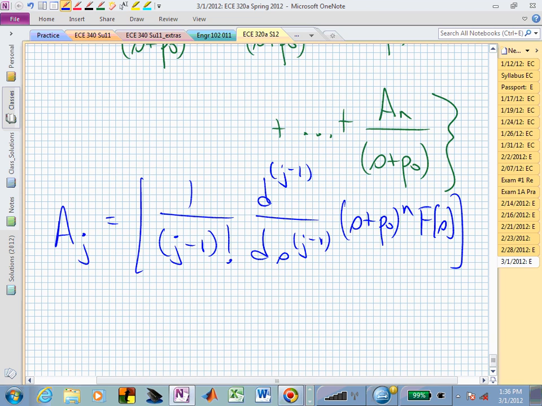And we would then evaluate that each time at s equal minus p sub 0, where we let j run over all of these different values from 1 all the way up to n.